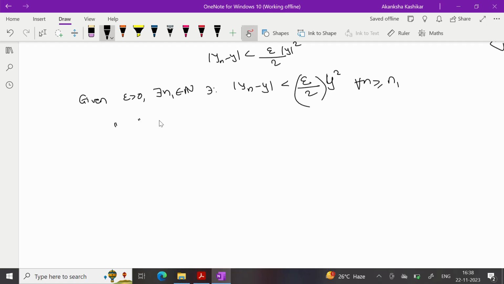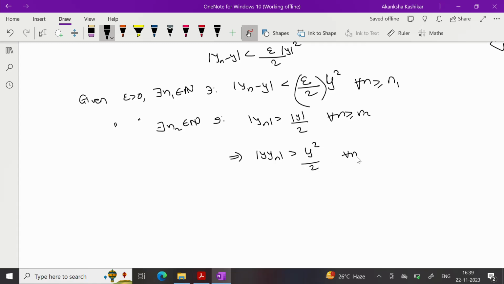Similarly, for the same epsilon, there exists n2 in N such that mod yn is greater than mod y by 2 for every n greater than or equal to n2. This implies mod yn is greater than y square by 2 for every n greater than or equal to n2, which implies 1 upon mod yn is less than 2 by y square for every n greater than or equal to n2.